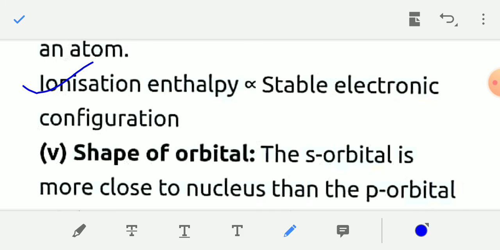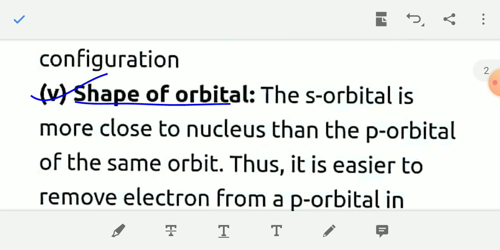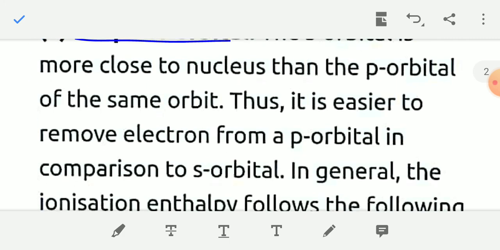Next, shape of orbitals. The s orbital is closer to the nucleus than the p orbital of the same orbit. Thus, it is easier to remove an electron from p orbitals in comparison to s orbitals.